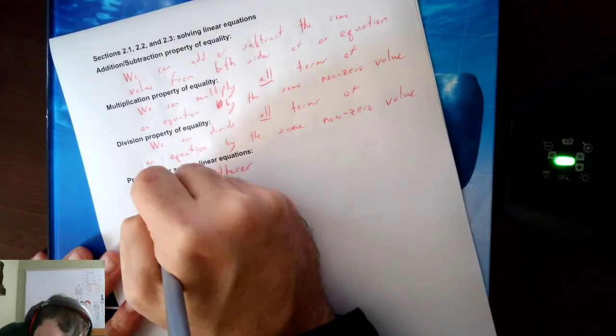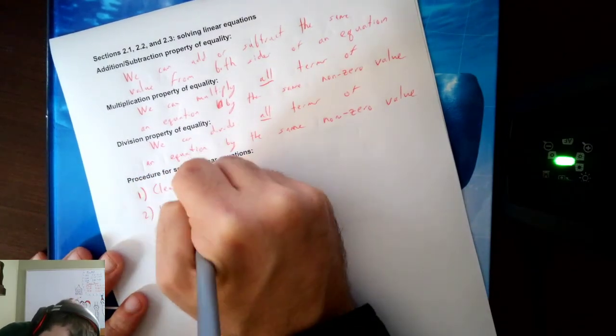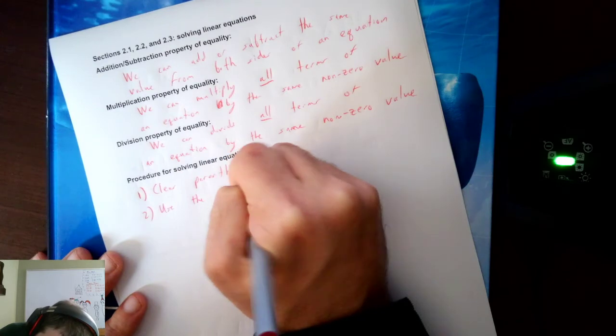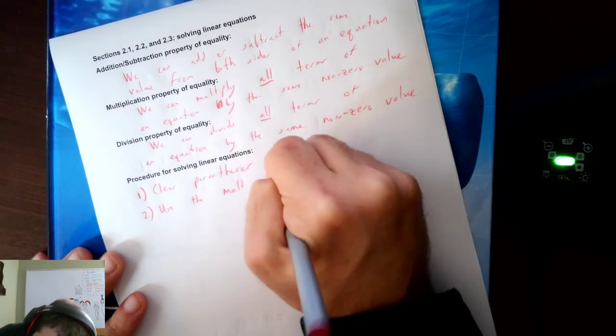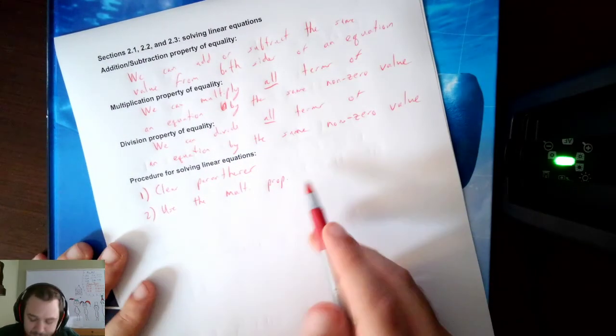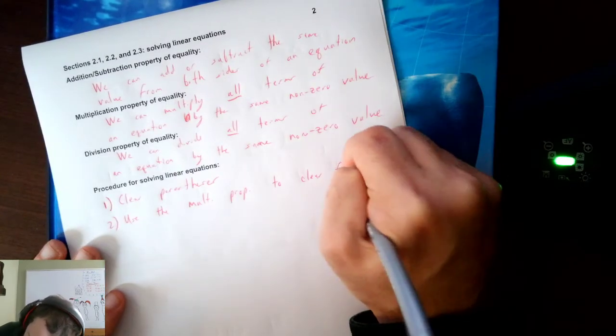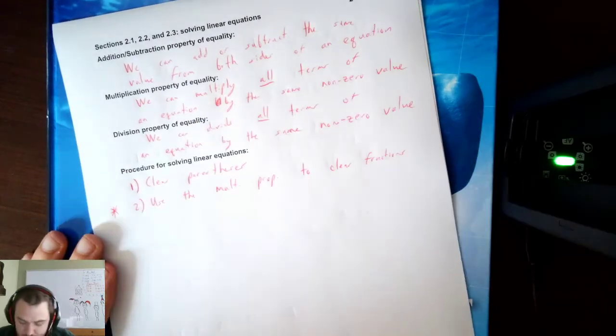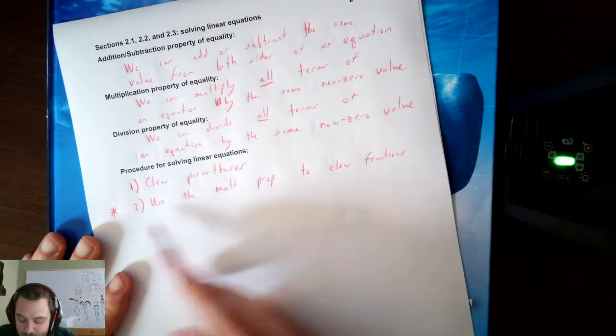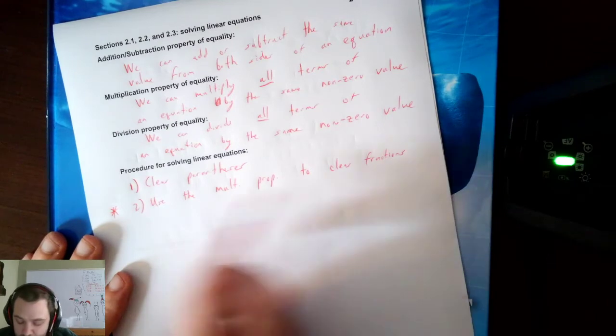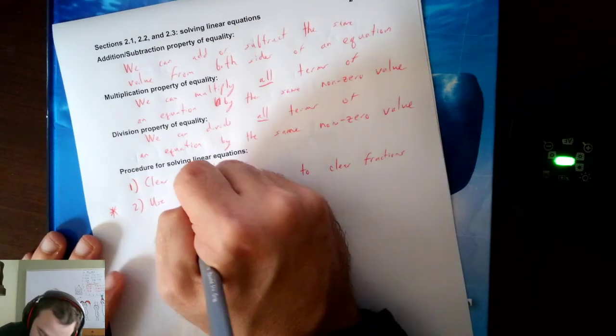Second is use the multiplication property, abbreviated mult_prop, to clear fractions. And I'm going to put a star because this won't come up a whole lot, but sometimes it will. You can use the multiplication property to clear fractions.